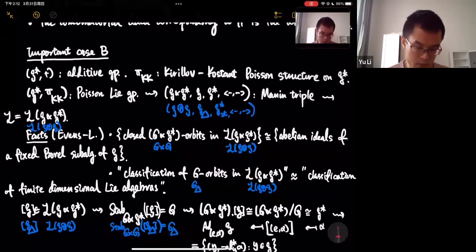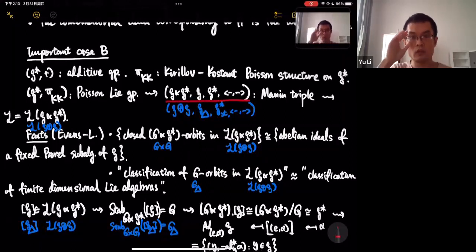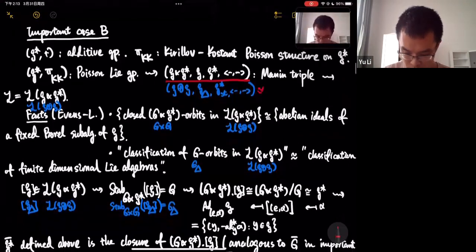It's well known that this is a Poisson Lie group, and its Manin triple is as written. You have probably noticed that I have written some letters in blue. These things in blue are copied from important case A, and whenever you see something in blue, they are supposed to be analogs of whatever I wrote in important case A.